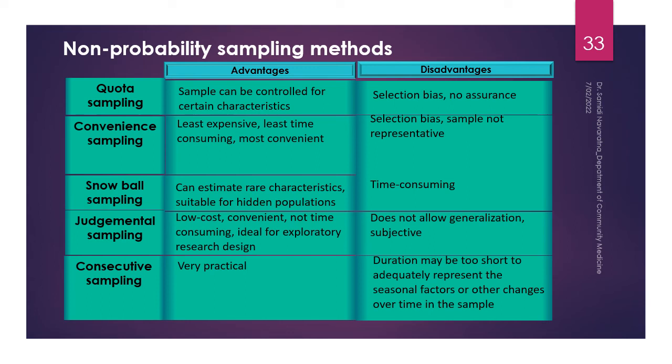So consecutive sampling is the most accepted method in this category. The advantages include that it's very practical, and the disadvantage includes that the duration may be too short to adequately represent the seasonal factors or other changes over time in the sample.